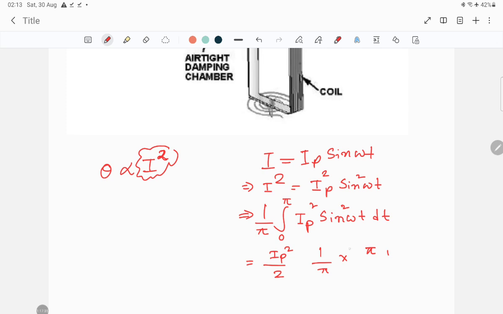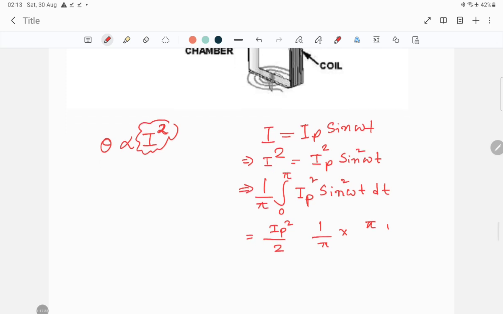If you do the whole integration, ultimately the value becomes Ip square by 2.